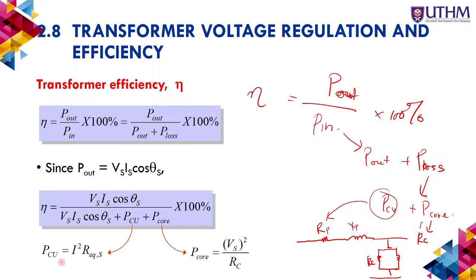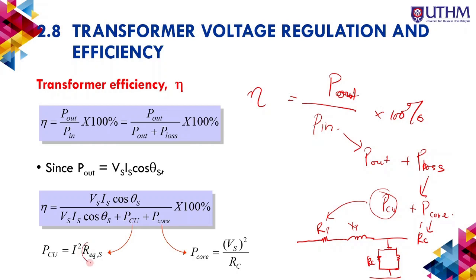Okay. Memandangkan dia melihat kepada P out, P out tu adalah dia melihat kepada secondary side. So VSS, ISS, secondary, cos theta dengan theta pada secondary. So divide by P out plus PCU. PCU adalah copper losses.